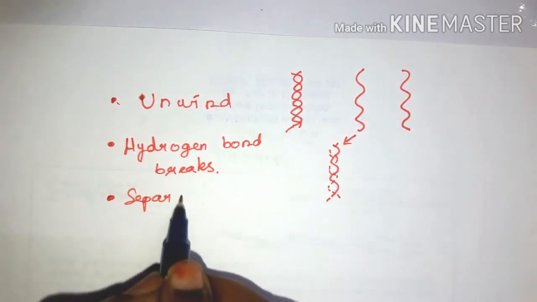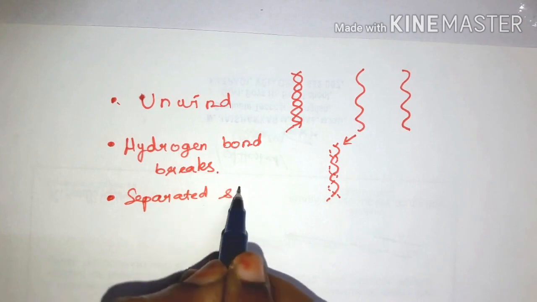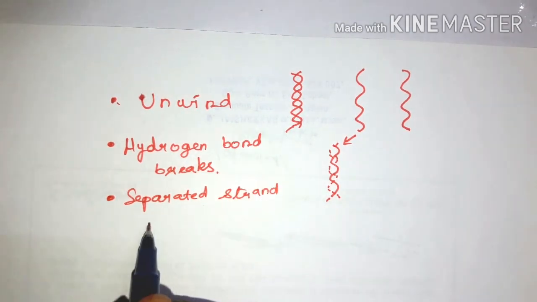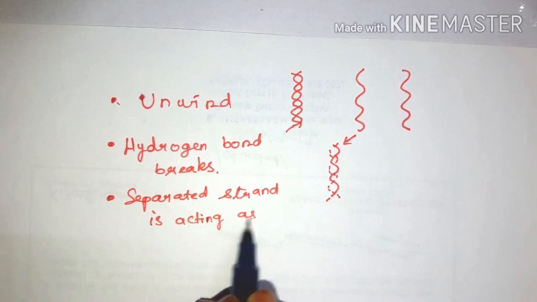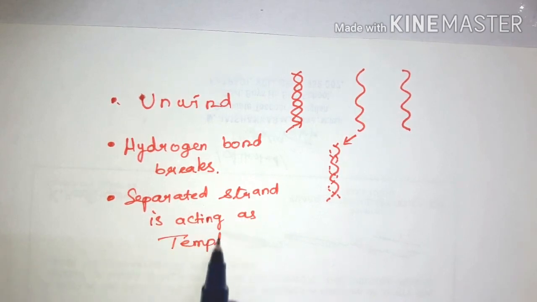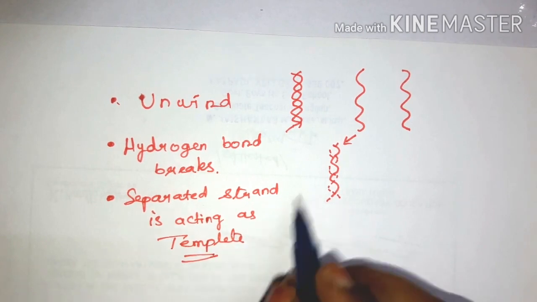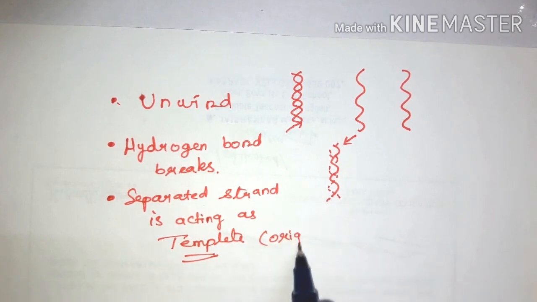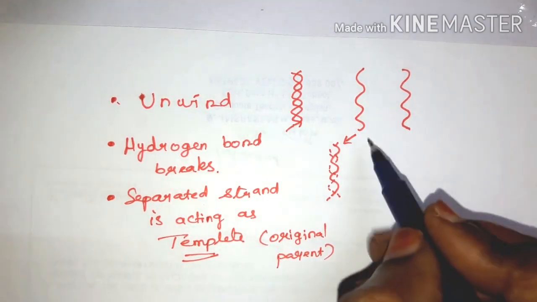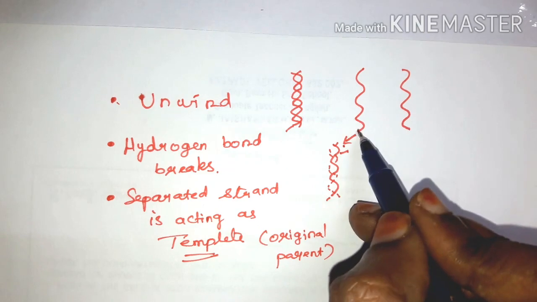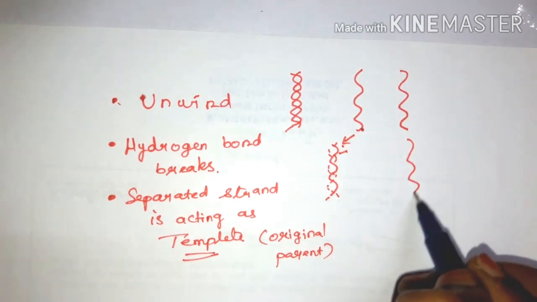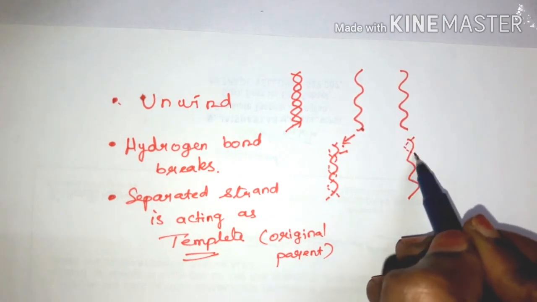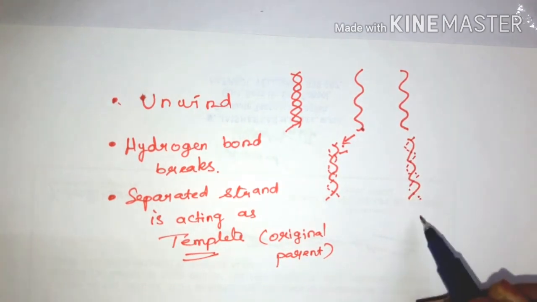Then the separated strand now acts as a template. Template in the sense that it should carry the original characters of the parent. So it should have the original parental character, and from that it should make its own copy.